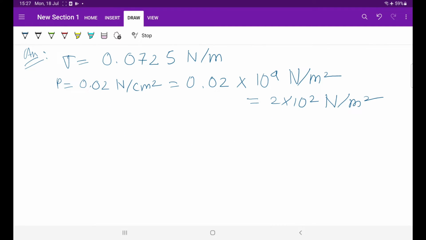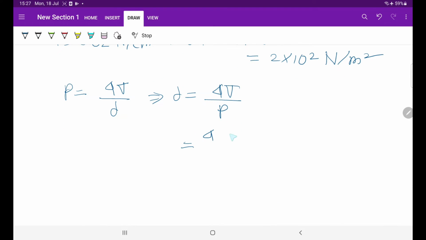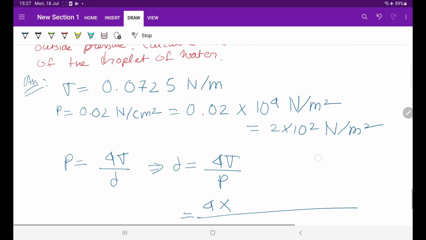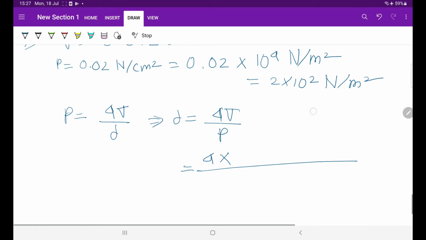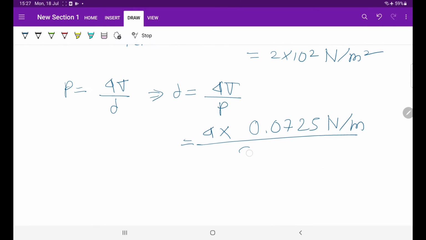So here we will use the formula P equals 4 sigma by D. So D is equal to 4 sigma by P. So D equals 4 into 0.0725 Newton per meter, and P is 2 into 10 to the power 2 Newton per meter square.